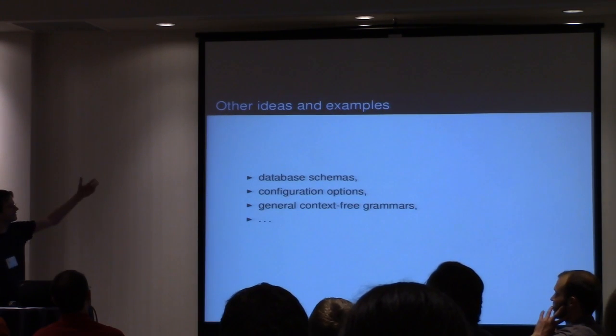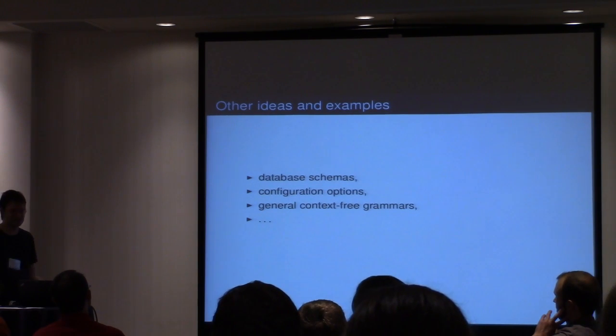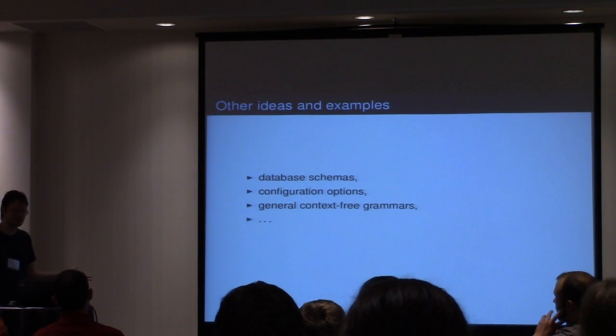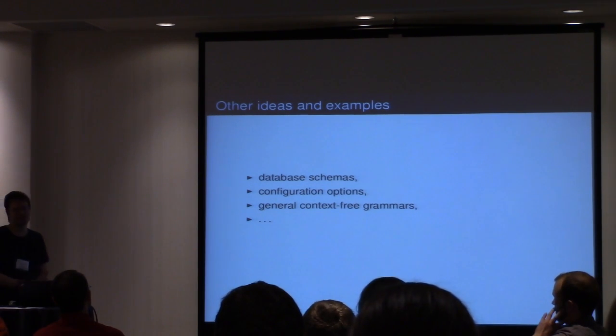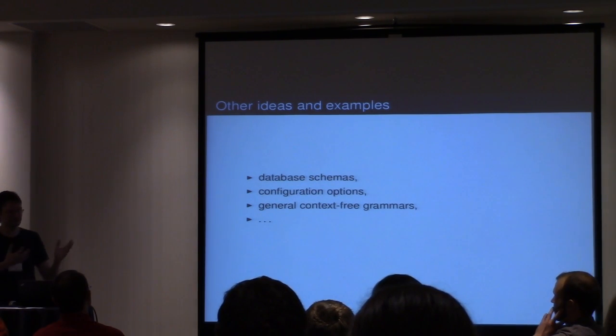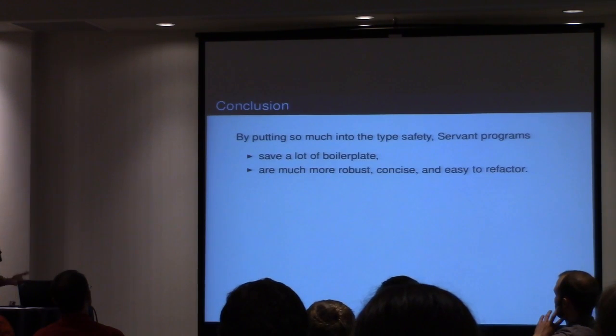So you could apply this idea equally to other settings, like, for example, database schemas or configuration options for a program, or just general context-free grammars and define parsers and printers and transformations and stuff like that. So what is the conclusion?